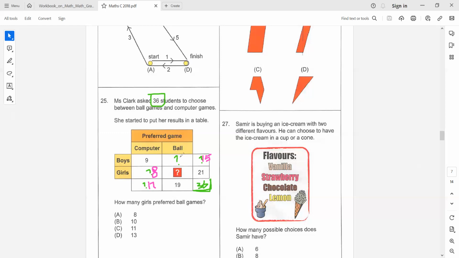Then likewise, you can find how many boys in the ball game. 6. Good job. Now look at that column, and the total is 19. Then you are filling this one. 13. That will be the answer. Yeah, that's the way you have to fill that. Got it? Yeah.